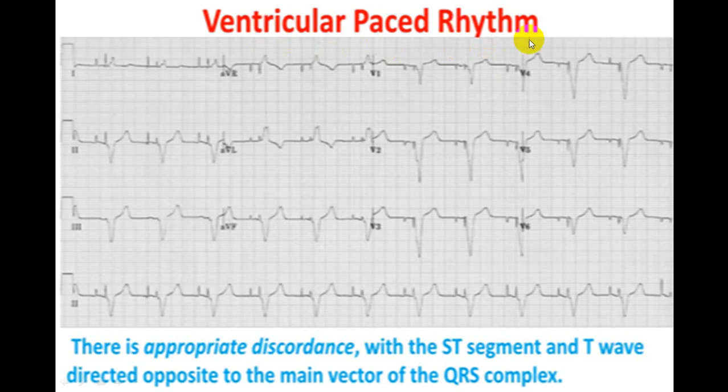A ventricular paced rhythm means whenever there is ventricular pacing, maybe a single ventricular pacing or AV pacing. In AV pacing, you will see two spikes. This is one spike, this is the second spike. The second spike is followed by a ventricular complex, which is a broad complex, and there is a broad QRS with the T wave in the opposite direction. Whenever you see this, this is called a ventricular paced rhythm.